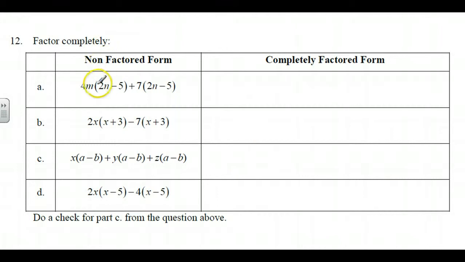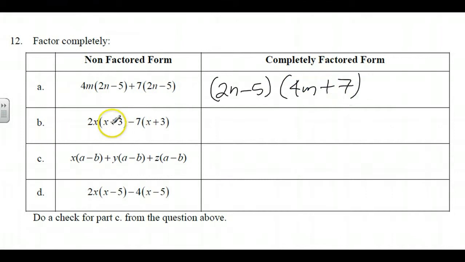Factor completely the non-factored form. So we have a binomial common factor, which is 2n minus 5. And what's left? 4m plus 7. We have a common binomial factor of x plus 3. And what's left? 2x minus 7.